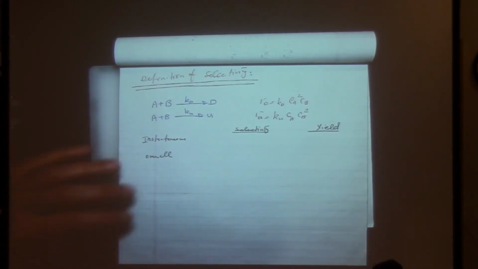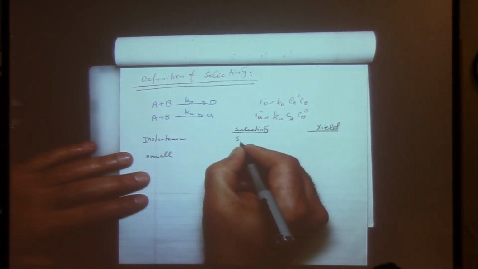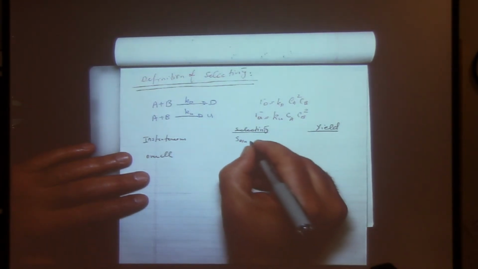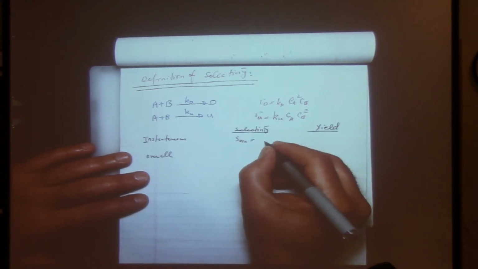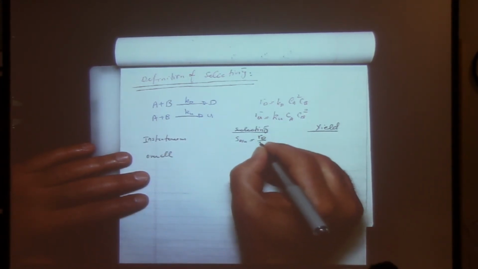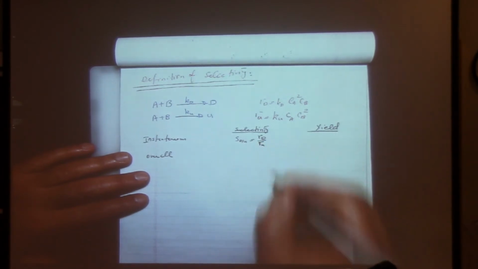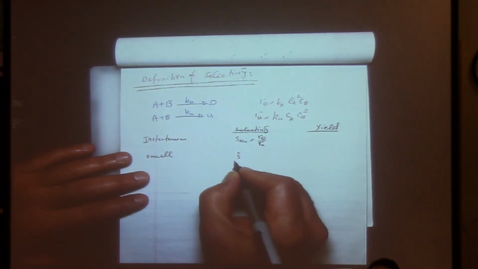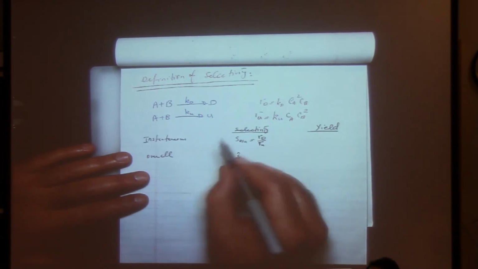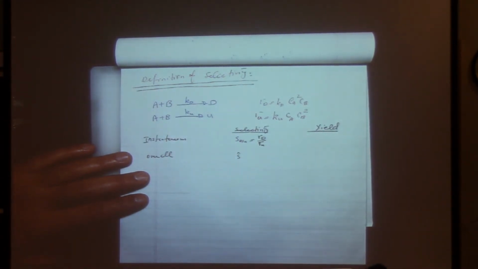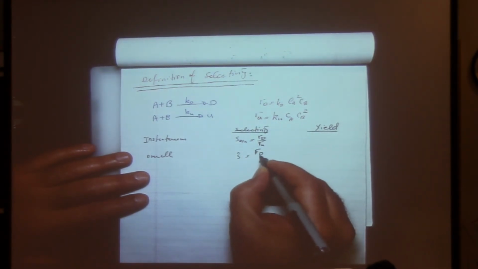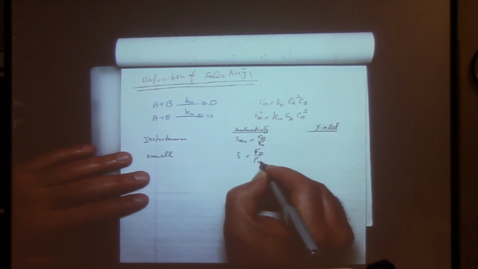So selectivity, we call it S, and then subscript D over U means selectivity of desirable over undesirable. So instantaneous would be RD over RU, R desirable over R undesirable. And for the overall selectivity, we put a little hat on it just to distinguish between the overall and instantaneous. So it would be FD, the molar flow rate of the desirable, over FU, the molar flow rate of the undesirable.